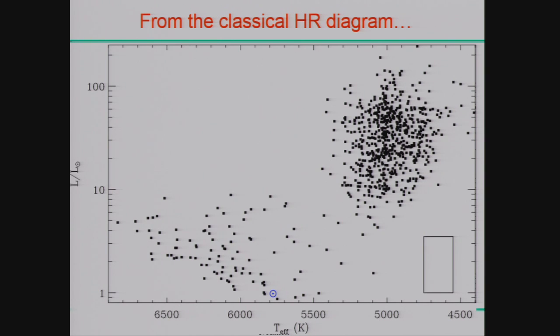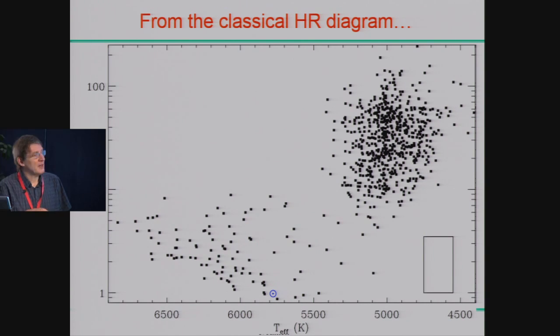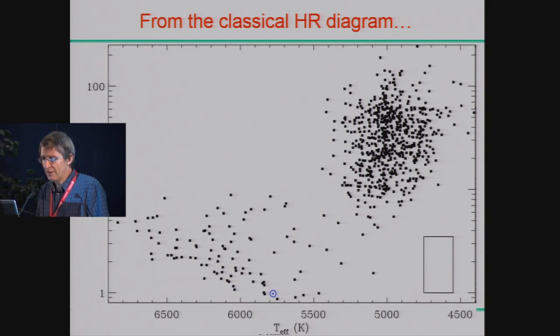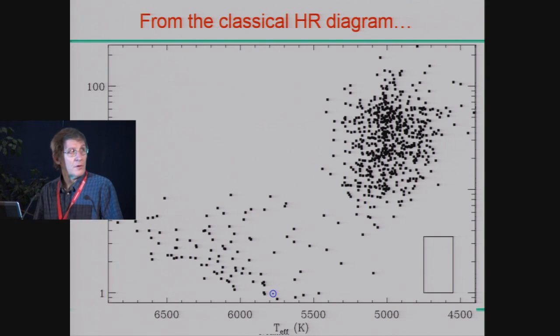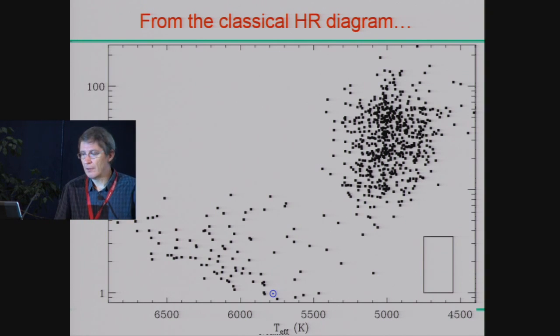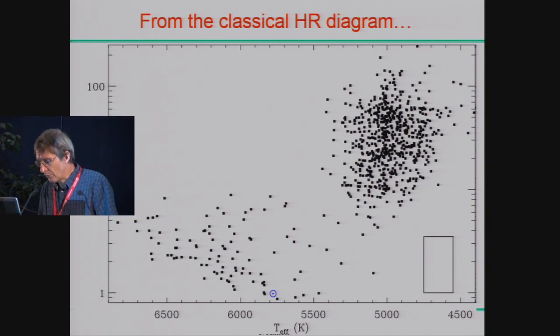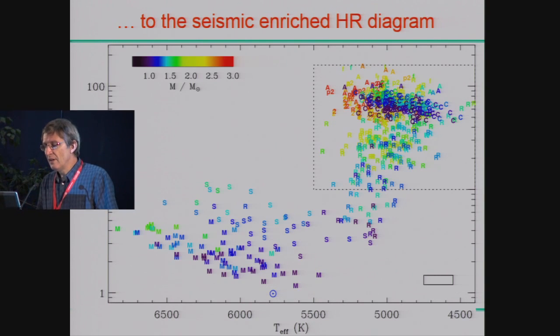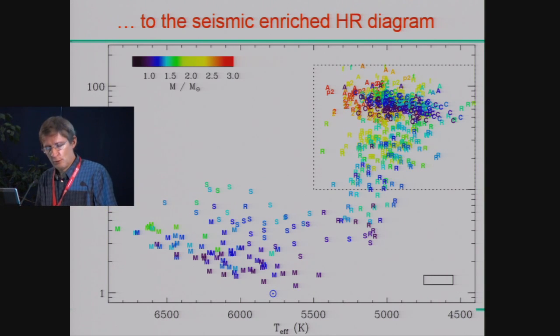All the stars I have presented are here in this HR diagram, but these are effective temperature and luminosity calculated not taking seismic data into account. You have here the error bars, the error box. And here are the same stars with the seismic data.